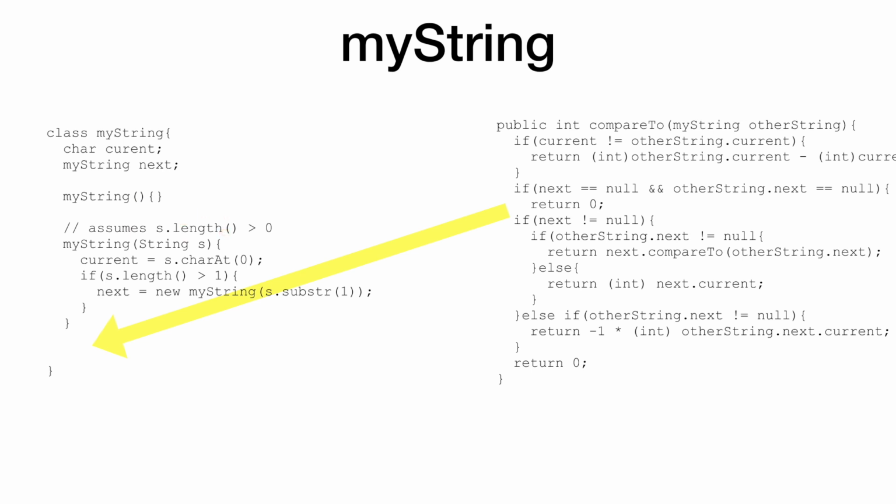basically is a recursive constructor. And what it does is it pulls off that first character, right? So our current instance's character is the first character, and then it says, if the string length is greater than just this one character, I'm going to say that my next pointer is going to be a new instance with the rest of the string, right?